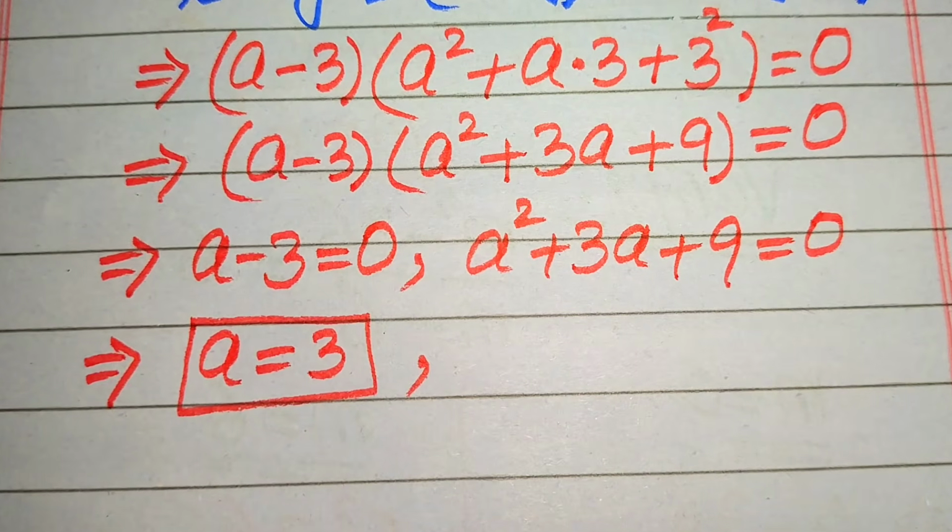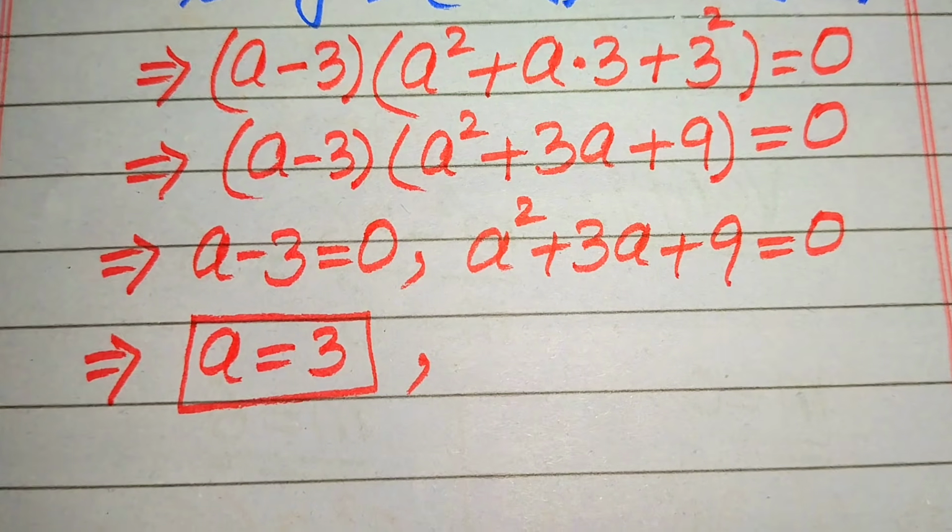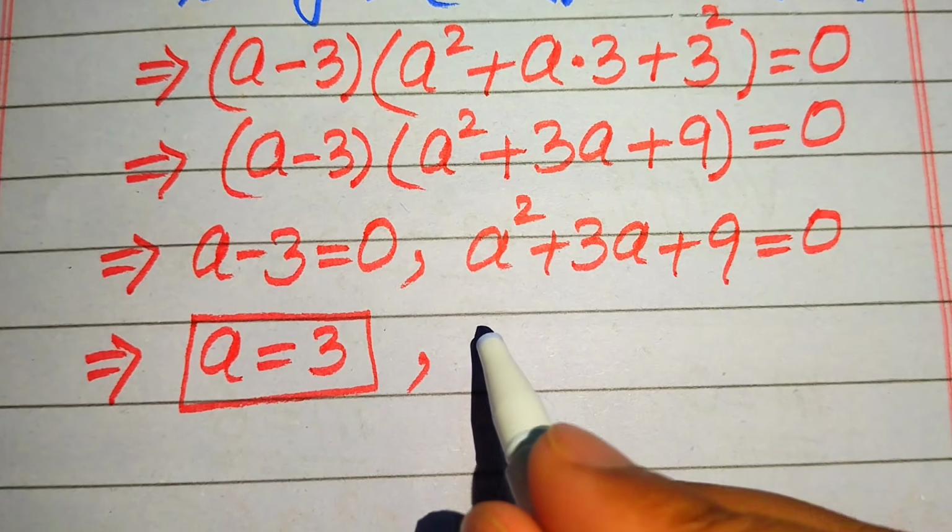The second is a quadratic equation, and we know there are 3 methods to solve a quadratic equation: the factorization method, the completing square method, and the quadratic formula. Here we use the quadratic formula.